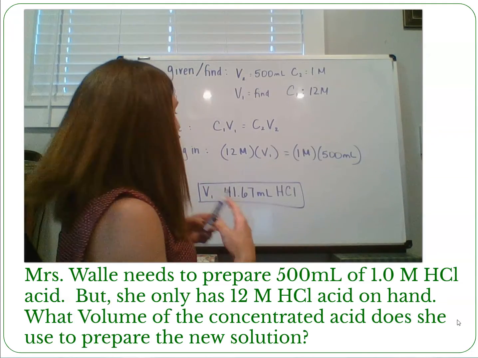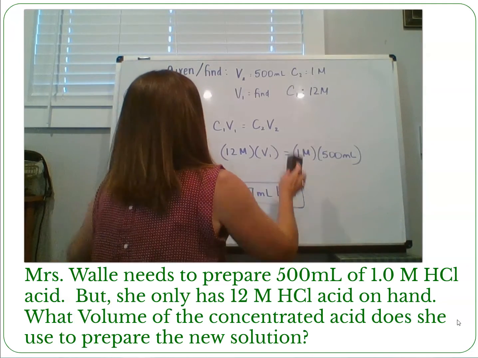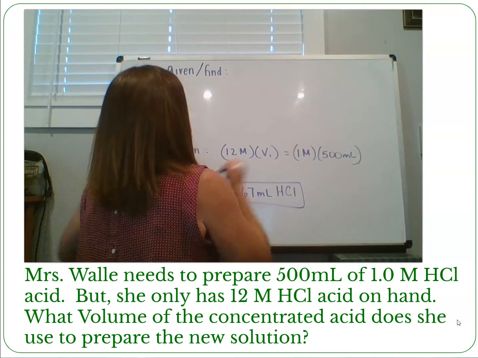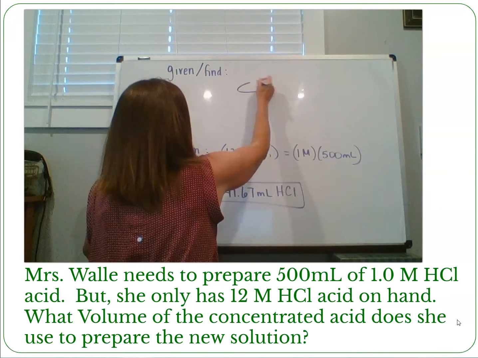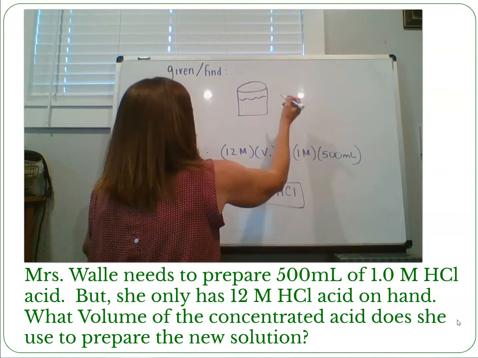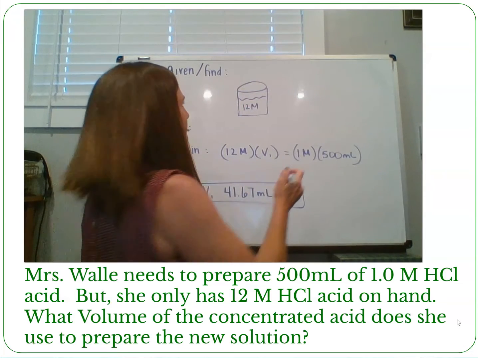So what this means, and I just want to take a second to kind of draw this out for you, because it's going to play a role in the next one, is that what I'm doing here is I have a container. Okay, this is my stock solution. I have a container with 12 molar hydrochloric acid in it.